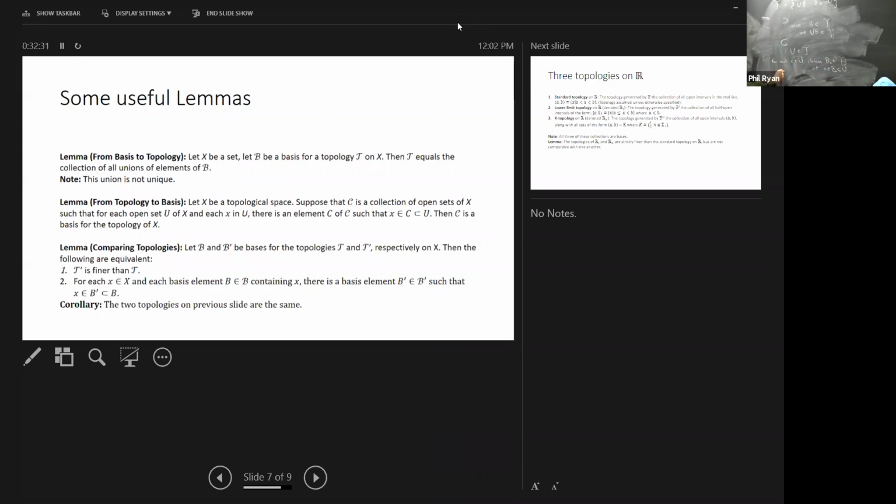So then U equals the union of all these basis elements. And these things lie within B, so therefore it lies within that. So if we've got something in that, it lies in that. And so that's done.